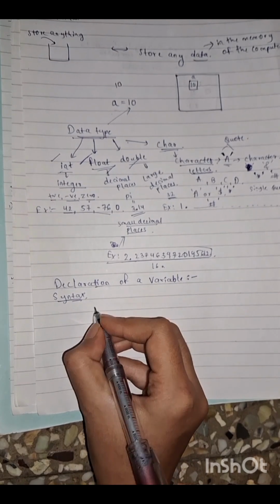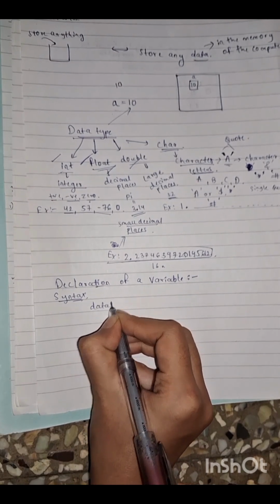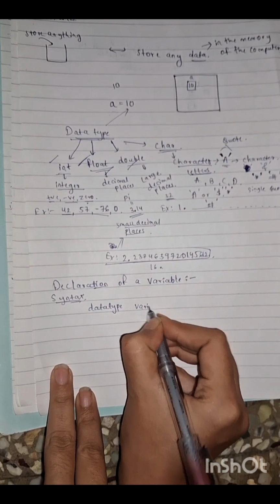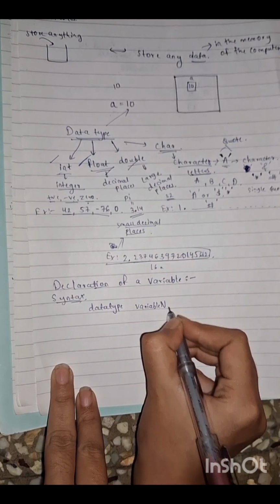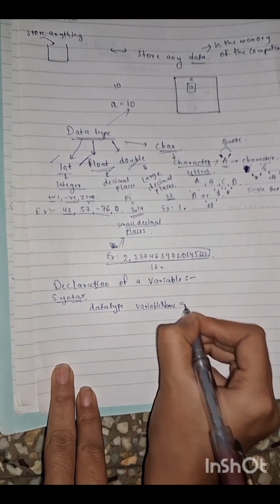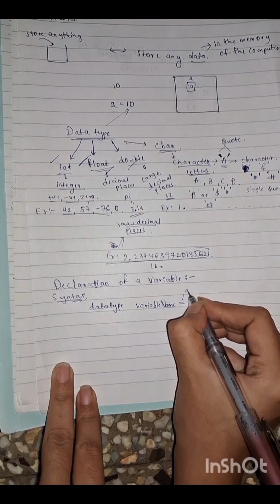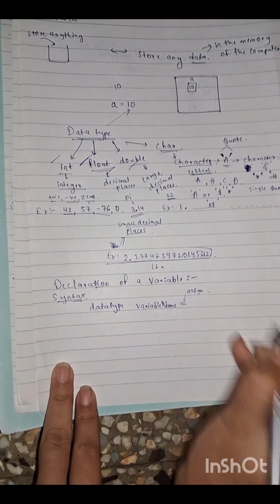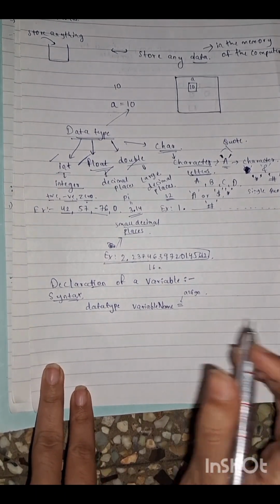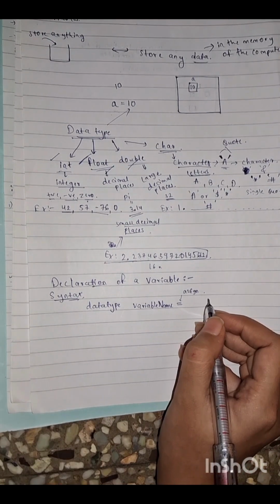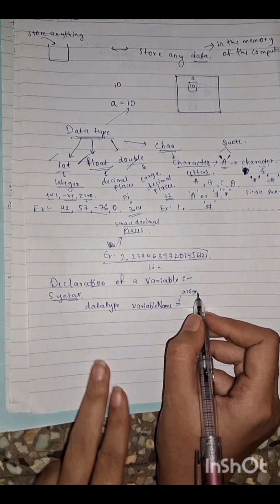So the syntax is like data type, variable name, and is equal to. It is not the sign of is equal to. Okay, this means assign. You will understand it at the end of the video. I will let you know what this means.